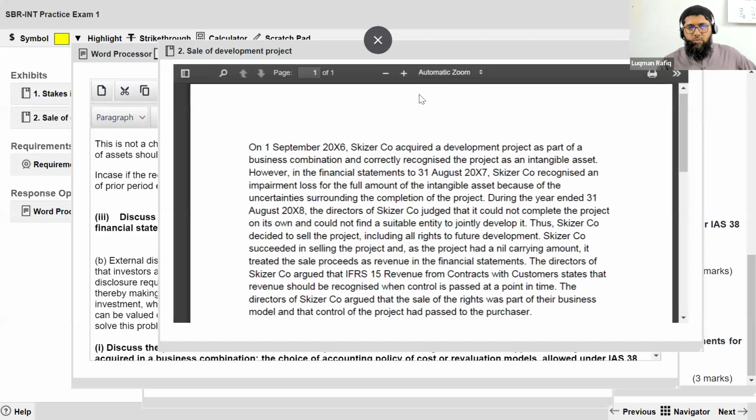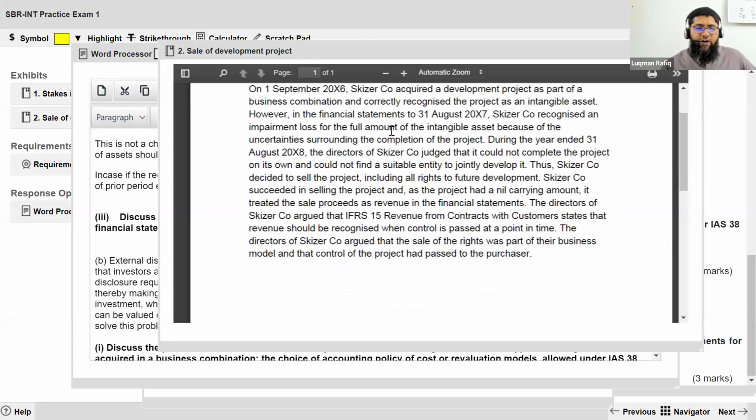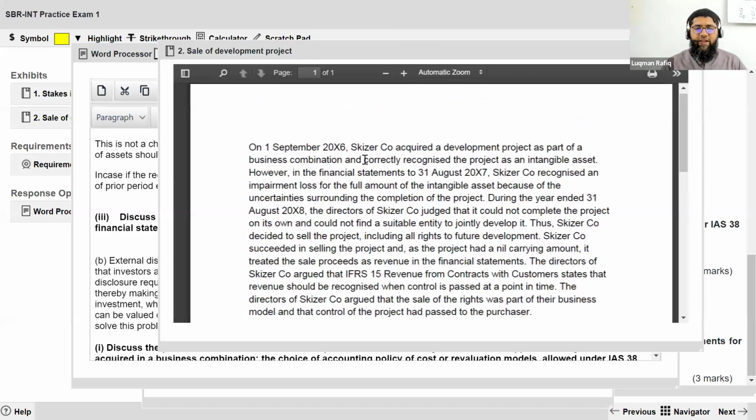Okay, see, it says on 1st September, Skizer acquired a development project as part of the business combination and correctly recognized the project as an intangible asset. So you acquired a subsidiary and you had a development project, you recognize it as an intangible asset.